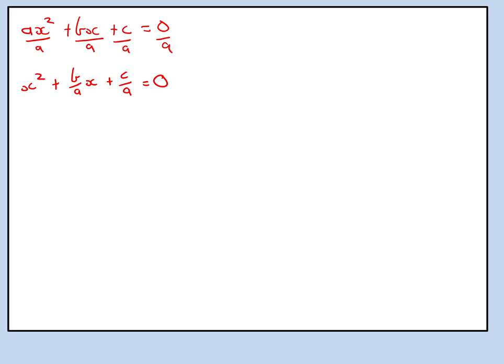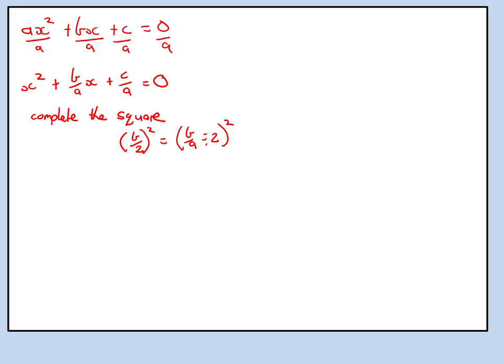The next part that we do is we are going to complete the square. If we need to complete the square, we always look at the value in front of the x, and we use the same rule: whatever that value is, we halve it and square it. That's what we plus and we minus. So in this case, our b value is b over a. That turns into b over a divided by 2, squared.